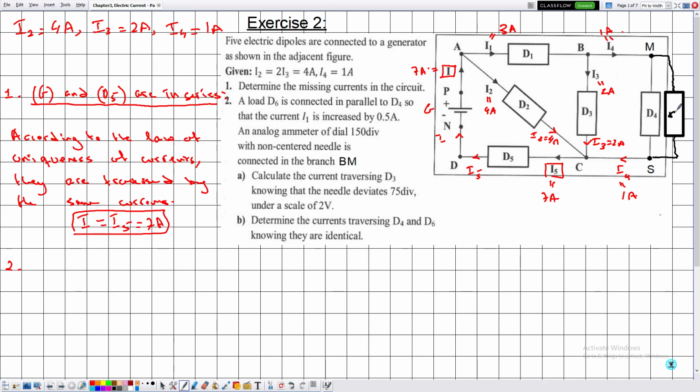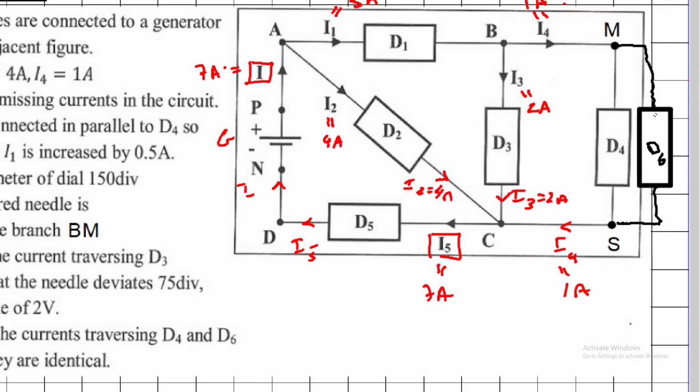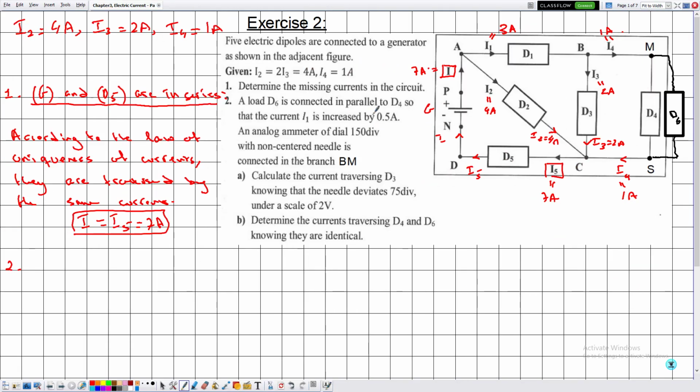D6 is connected in parallel with D4, so that the current I1 is increased by 0.5 amperes. Now notice that the moment we add an electric component to the circuit, all the values of the currents will change. So let's erase all the values of the electric currents. Everything in the circuit will change except for the voltage of the battery, and they didn't specify the voltage of the battery.